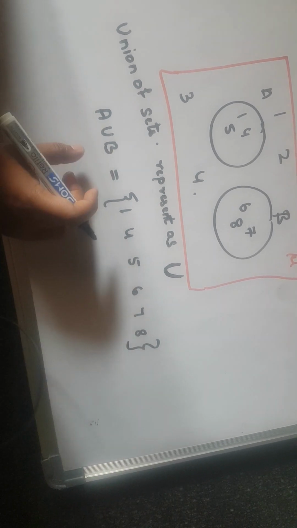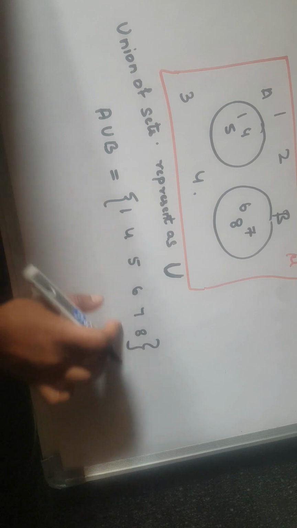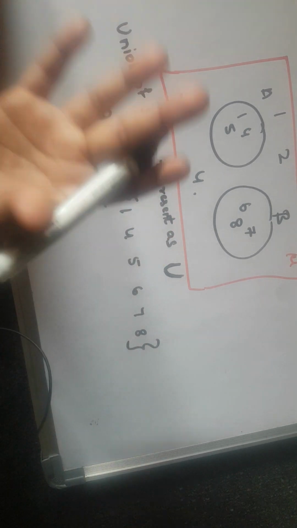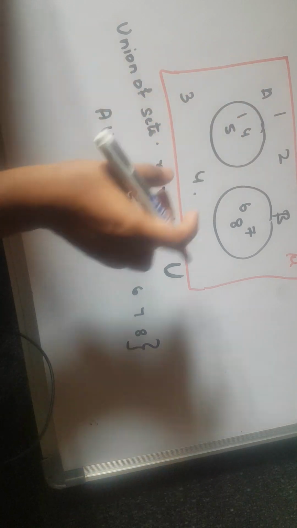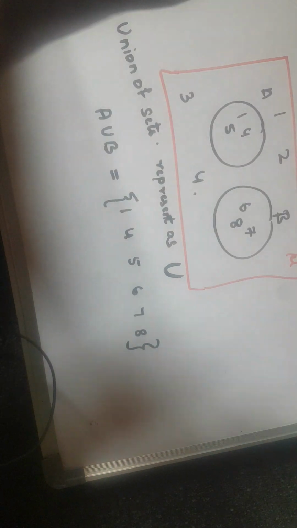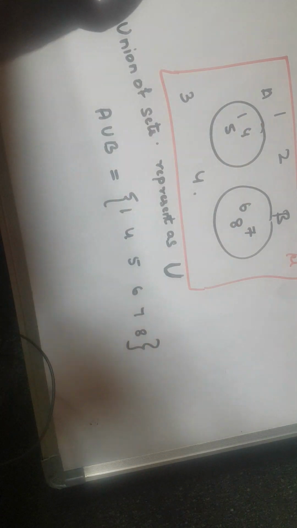A union B means both the elements of A and B, such as addition, we are adding all the elements. We are taking all the elements of A and B.